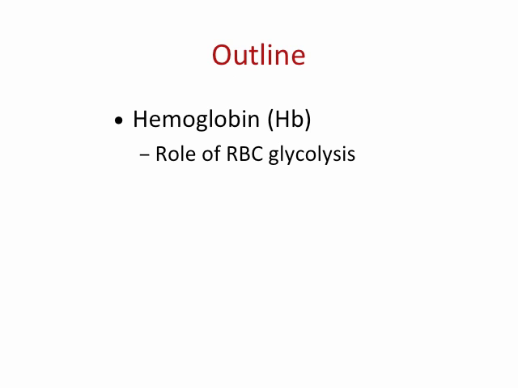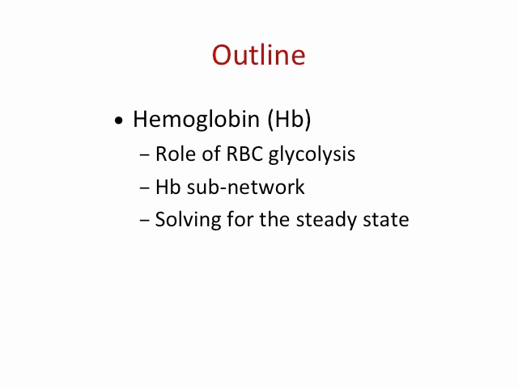I will talk about the role of red blood cell glycolysis and the production of a key intermediate in red cell glycolysis that binds to hemoglobin and thereby regulates its activity. We will talk about how one builds a subnetwork module around hemoglobin and its bound states. Once we define the environment for this subnetwork, we can compute its steady state, and in fact we can then simulate the deviations from that steady state in that module by itself.